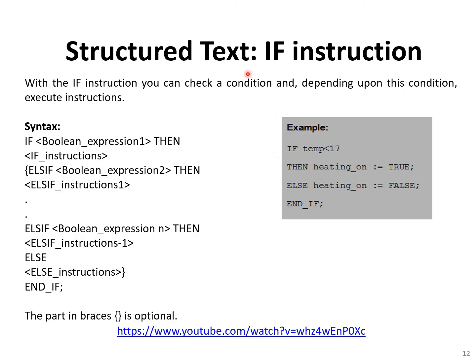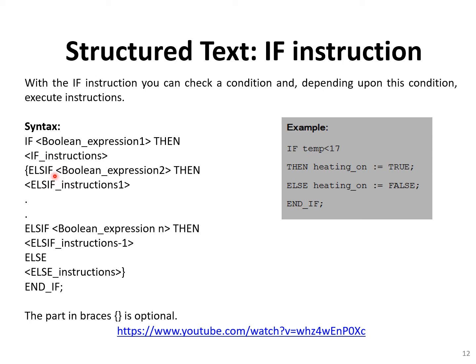Structured text: the IF instruction. With the IF instruction, you can check a condition and, depending upon this condition, execute instructions. So very similar to, let's say, C programming. If Boolean expression 1 is true, then execute the IF instructions.